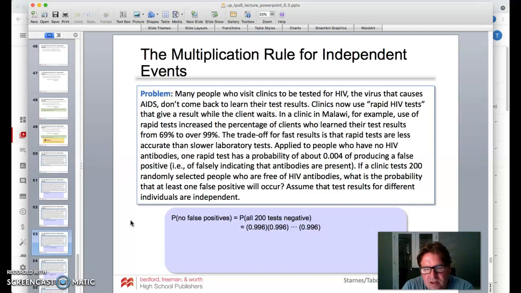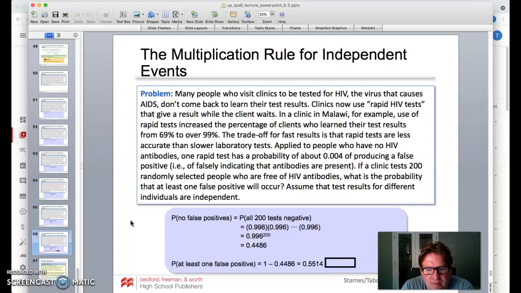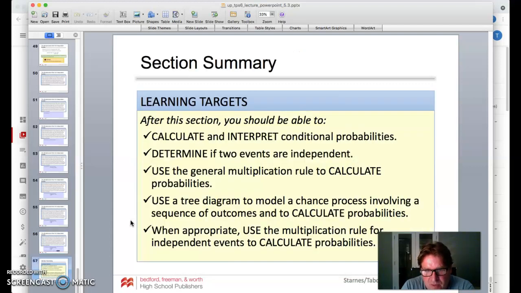Each test is independent, so we multiply that times itself 200 times, or 0.996 raised to the 200th power. So there's a 44%, or almost 45%, chance that we would get no false positives. The probability that we get at least one false positive is 1 minus that, so about 55%.